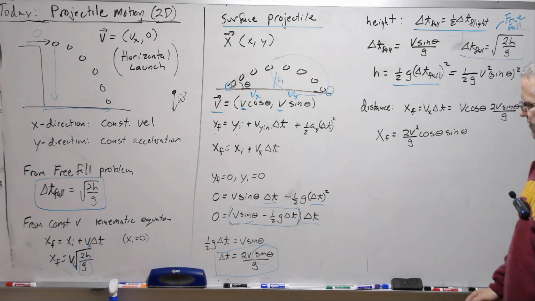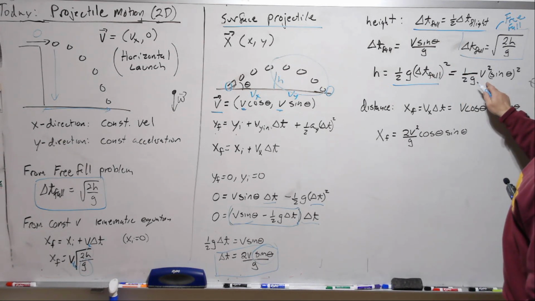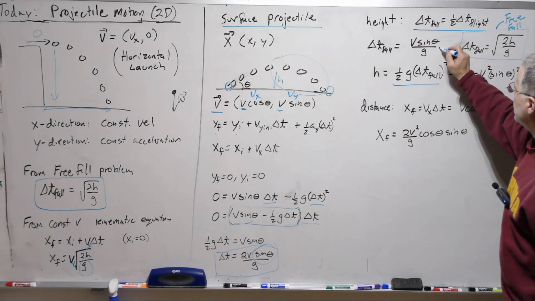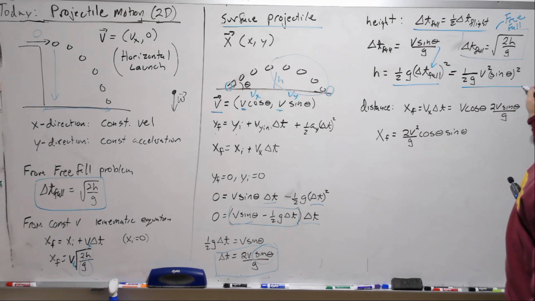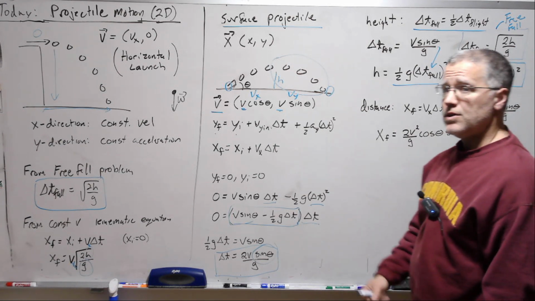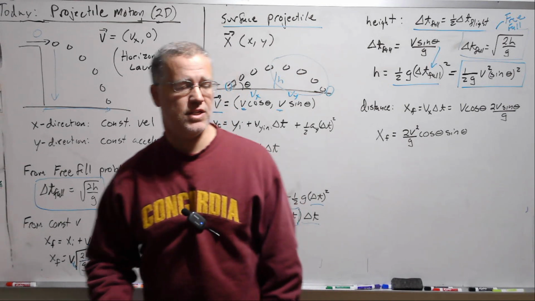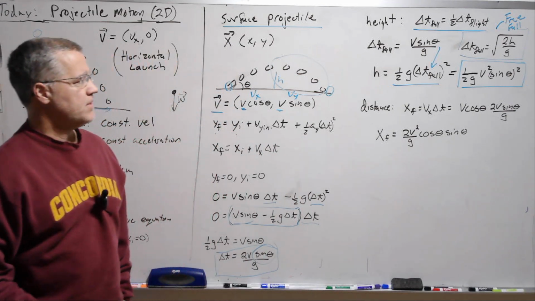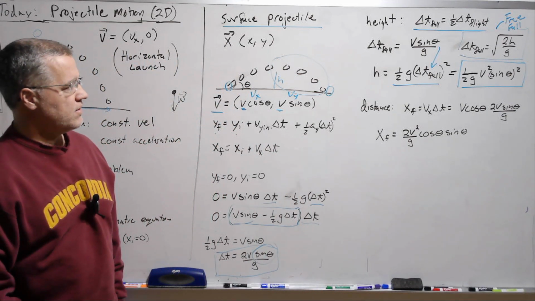Well, what is delta t fall? That's this. So we can plug this into here, and we get this as our expression for height. So it's a little more complicated expression of the angle and the velocity. It's a square of that.